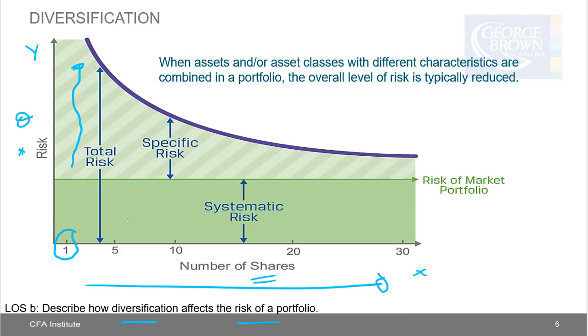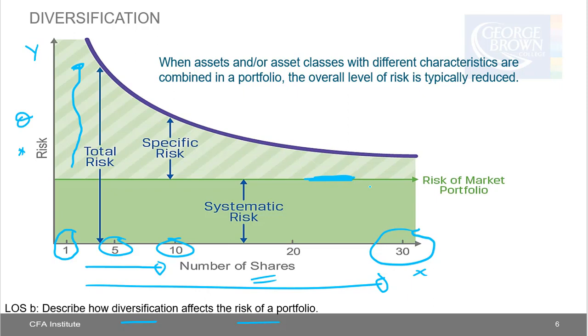Now, as we add different companies to the portfolio, 5 different companies, 10 different companies, you can see the number that is often cited in these graphs is around 30. When you get to 30 different companies, you've diversified away and reduced the firm-specific risk, and you're left with the systematic risk that cannot be eliminated from the portfolio.